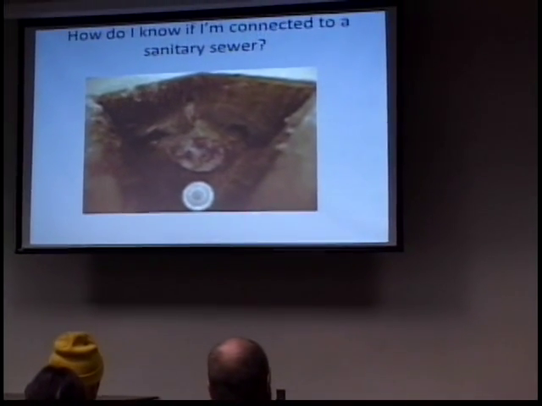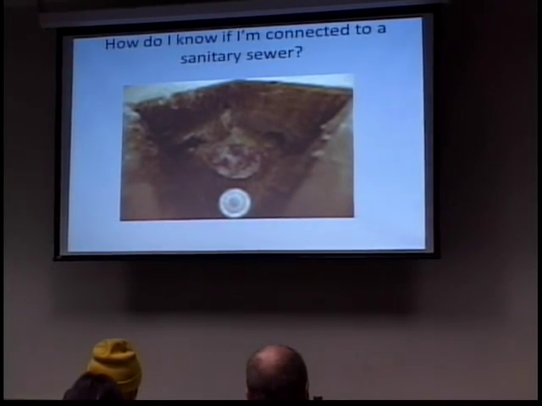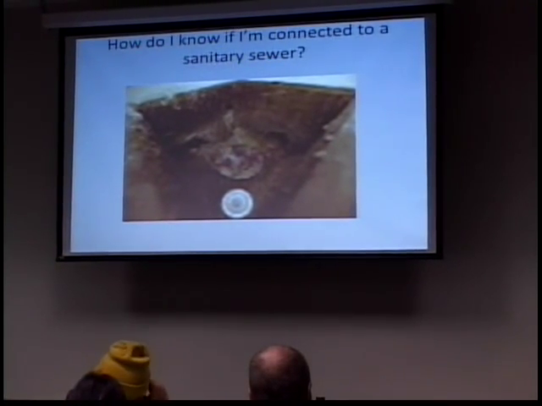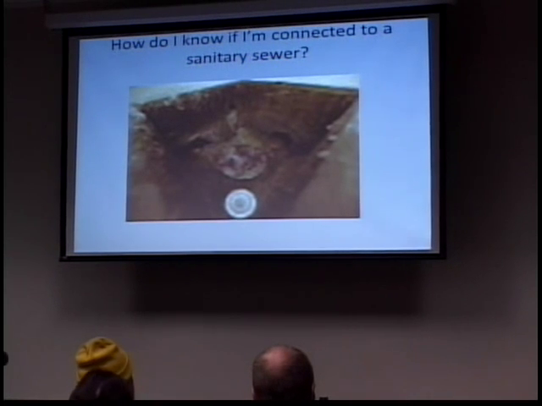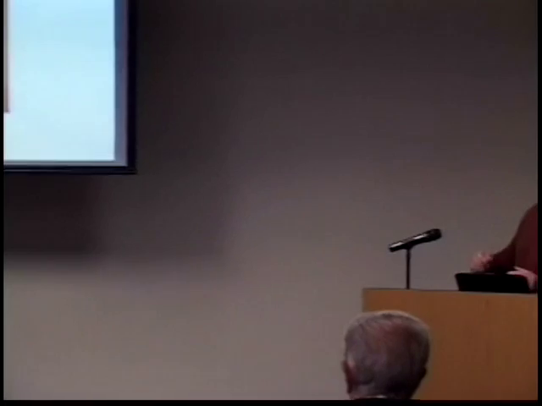The sewer comes in, typically the tile comes in both sides, has a floor drain in the bottom. It's typically a 1 foot by 1 foot type pit. And if you have that, your footing drains are connected to the sanitary sewer. You got 1 and 2, you're set.